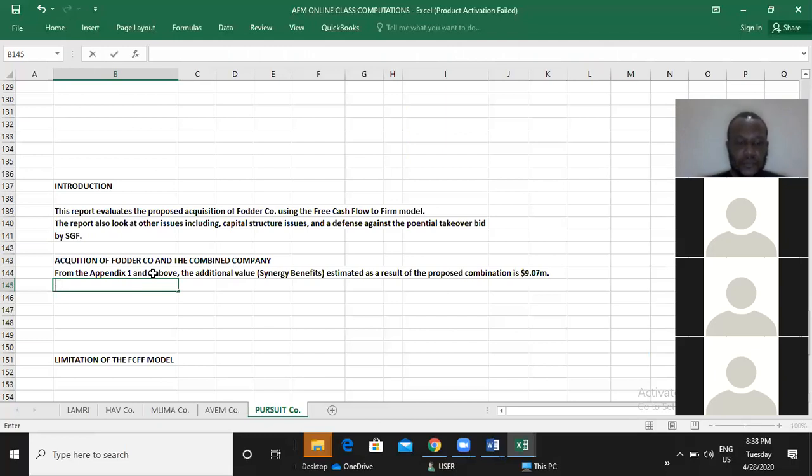However, Pursuit estimates a payment of a 25% premium to be paid to the equity holders of Fodaco.